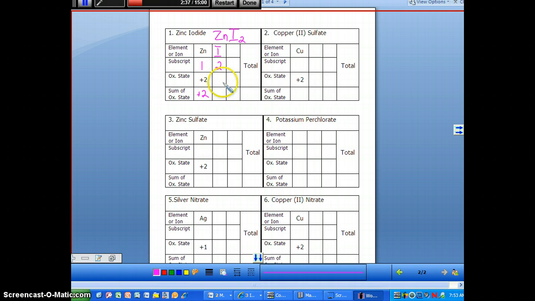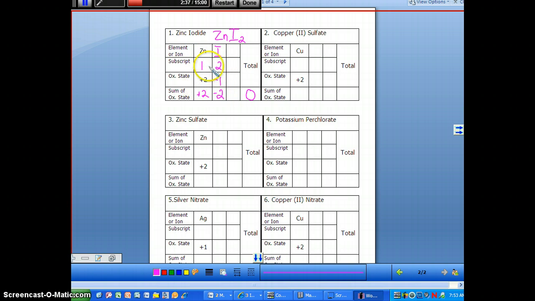We don't know the oxidation state of iodide yet, so we still have to figure that out. But in a compound, the total oxidation state is 0. And so if we work across here, plus 2 would have to be balanced out by minus 2 to get us to 0. And then you work backwards from there, and you see that minus 1 is what would give you a minus 2 in this column.